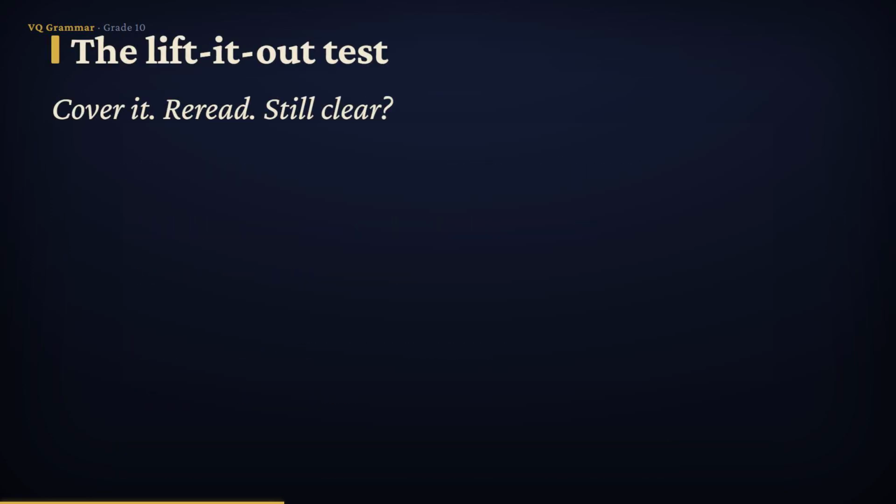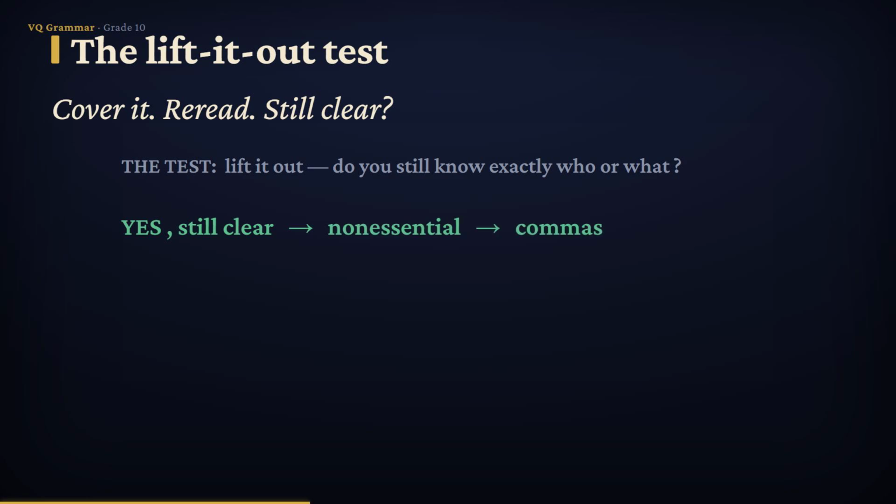So how do you decide in real time whether an appositive is essential? Use the lifted out test. Cover the appositive with your thumb, read the sentence without it, and then ask, do I still know exactly who or what we are talking about? If the answer is yes, if the sentence is still perfectly clear, then the appositive was only extra, and you fence it off with commas. Try it.